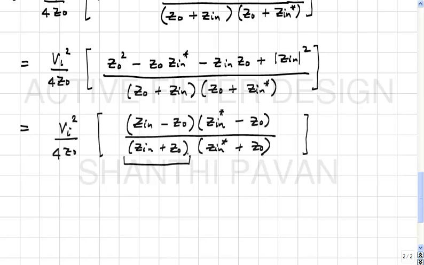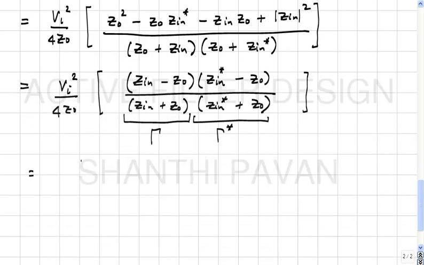What is Zin minus Z0 by Zin plus Z0? Okay, if you have not seen it, doesn't matter. I will denote Zin minus Z0 by Zin plus Z0 as gamma. And therefore, this fellow must be gamma star, which is therefore Vi square.